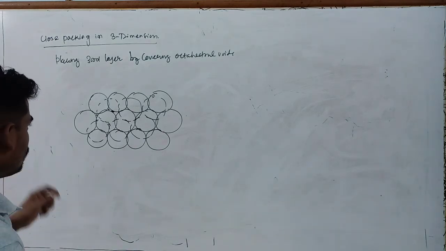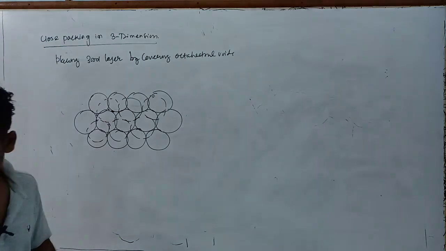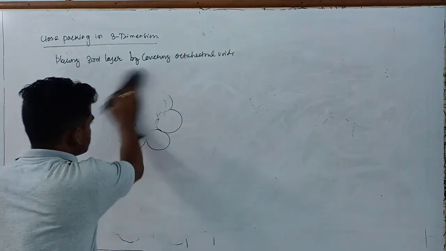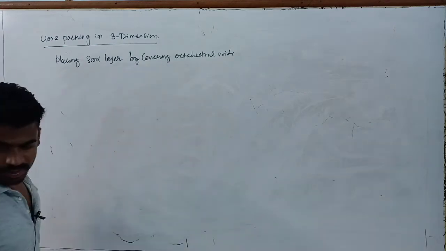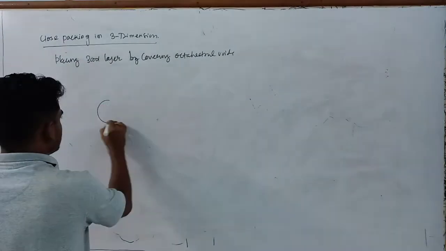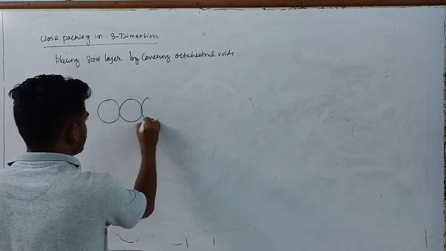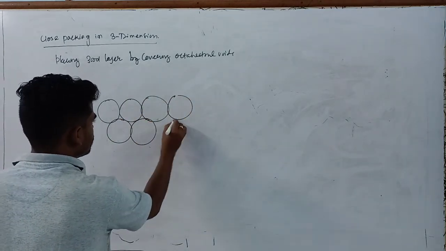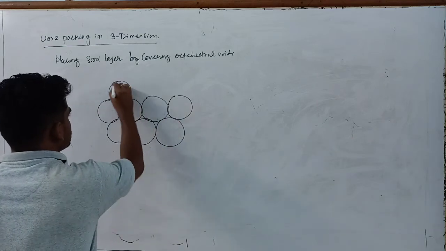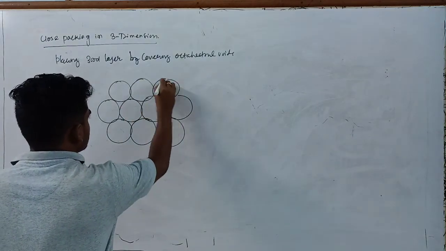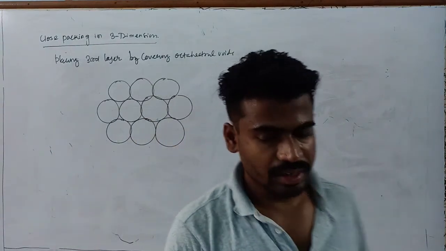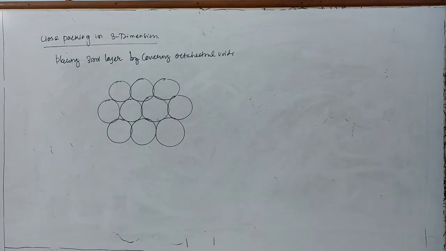by covering the second layer, sorry, let me do it. It's about 3 dimensions, so that little bit of problem is there for me. So you just do like this. Okay, so these are the first layer, hexagonal layer, and the second layer I need to place over here.